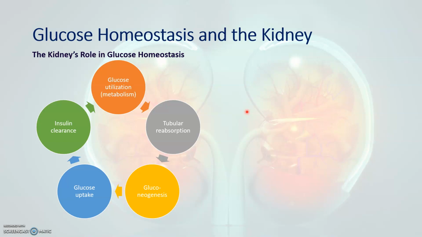Just to say that in patients with an impaired insulin response or in diabetic patients, the reabsorption of glucose from the tubules is enhanced, and therefore more glucose is taken back up from the nephron, from the tubules, than in a normal person. So that although they may be spilling glucose in the urine, in fact the reabsorption is enhanced, thus promoting hyperglycemia.